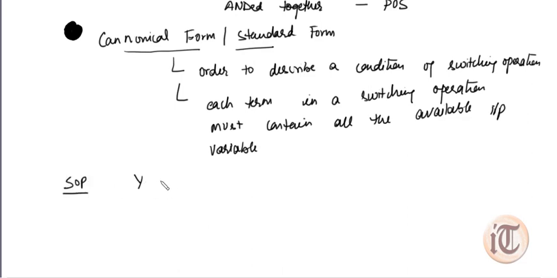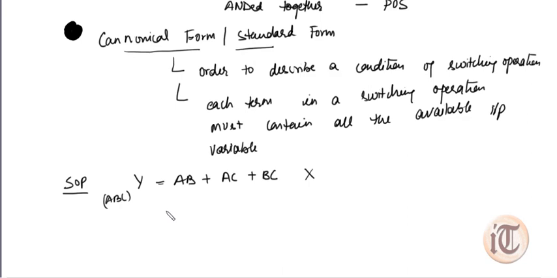Suppose we take the same example of SOP, y equals AB plus AC plus BC. How many literals are there in this expression? There are three literals, A, B, C. In the whole expression, what is missing? In this term C is missing, in this B is missing, and in this A is missing. Therefore, this is not the standard SOP form or canonical form.